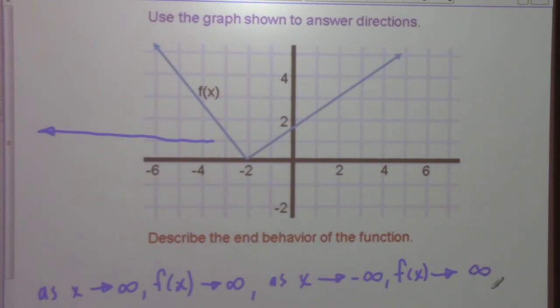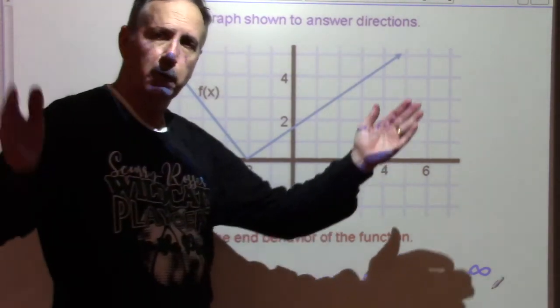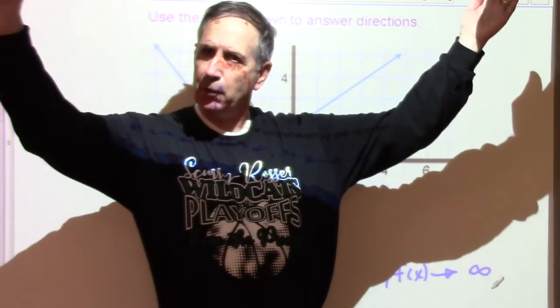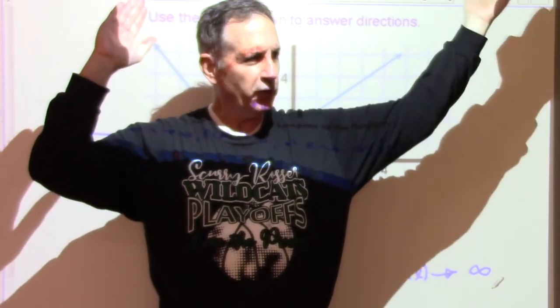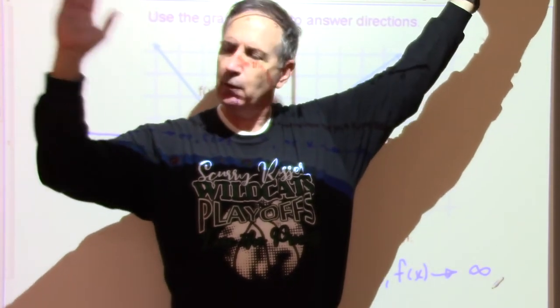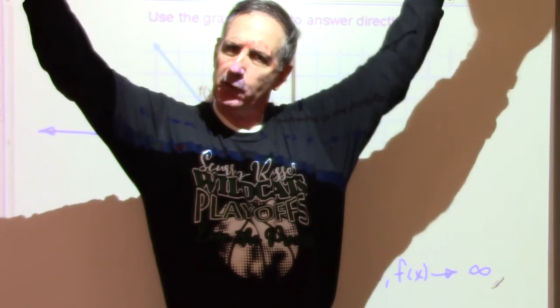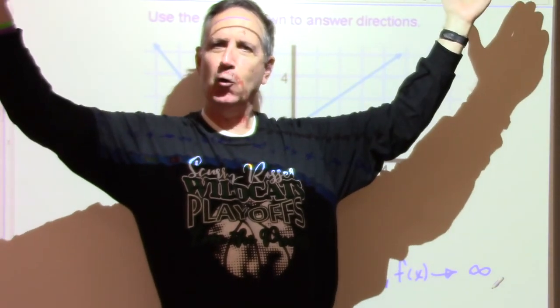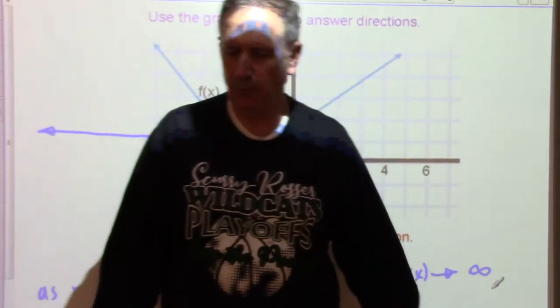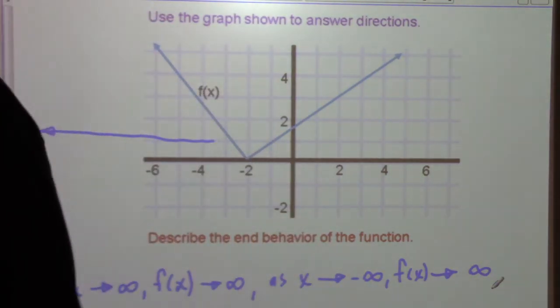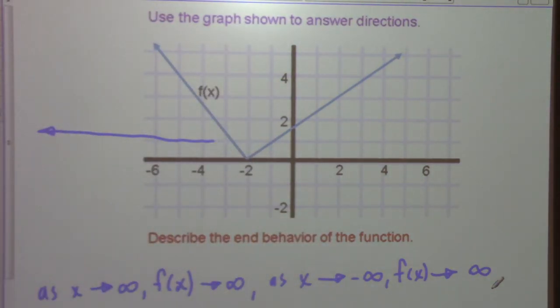Okay. Now this is a deal where you're starting high and ending high, right? So as x approaches negative infinity, f of x approaches infinity. So it's like touchdown. Okay. Questions on that one?